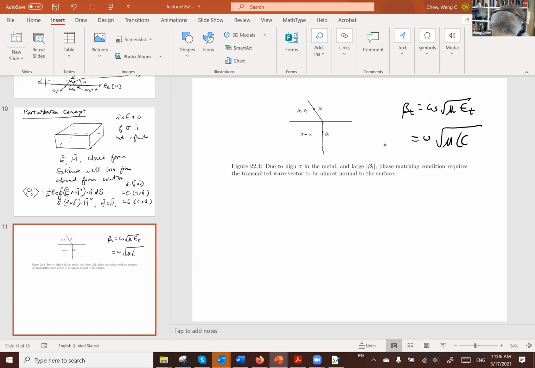It is going to be epsilon minus j sigma over omega, and sigma is going to be very large. Okay, when sigma goes to infinity, then beta t tends to be very large.